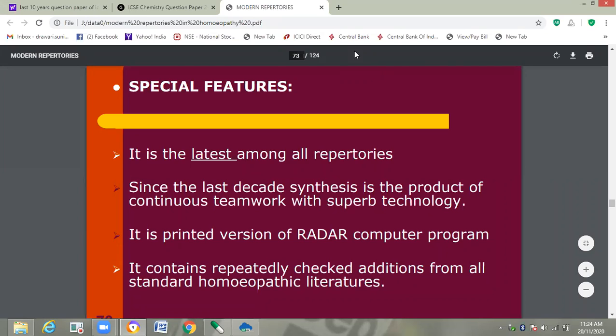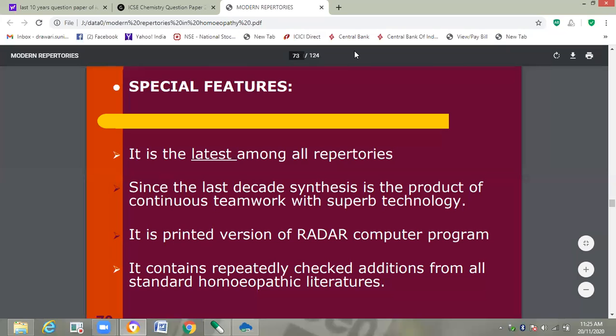This repertory, as we know, is based on Kent's repertory, so the plan, construction and arrangement of rubrics is the same as that of Kent's repertory. And we can repertorize any case which is rich in generals as well as characteristic particulars.